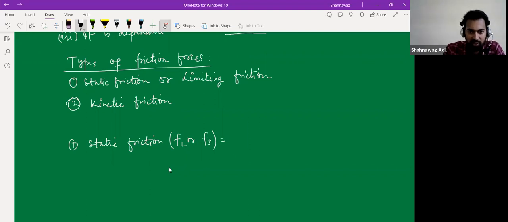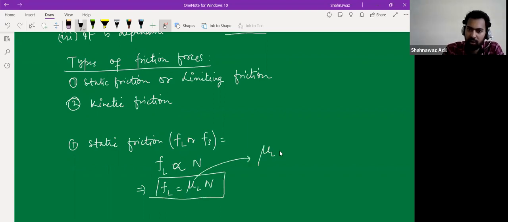And as you already know, this is directly proportional to what? The normal reaction, right? So this is equal to mu L N, where mu L or mu S is the coefficient of friction.